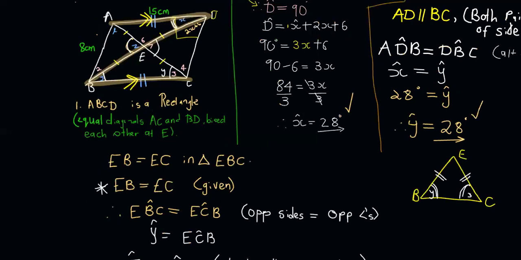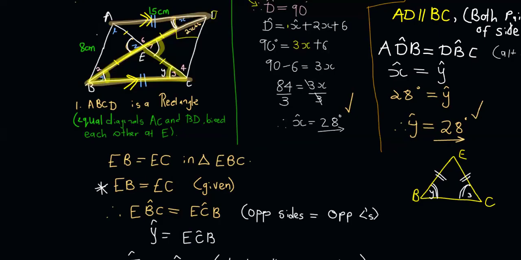We're going to use the concept that an exterior angle of a triangle is equal to the sum of two opposite interior angles. So E7 is equal to angle EBC, which is represented by Y, together with angle C3.